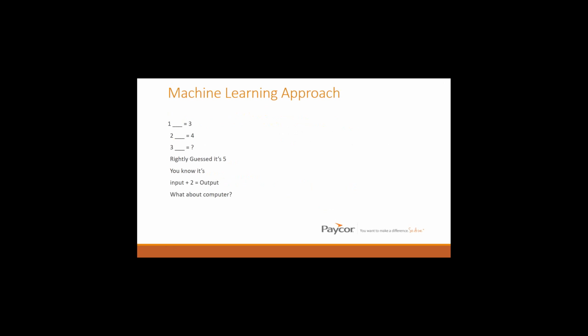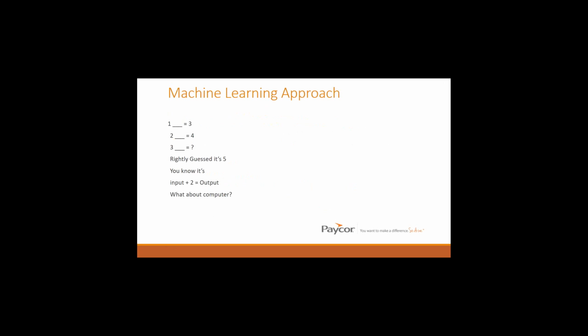How do I do that? For those who don't know how machine learning works: I give you an input 1, and I say the output is 3. I give you input 2, output is 4. I give you 3, you will say the answer is 5, because in your mind you already created a pattern that input plus 2 equals output. That's not the way a computer works.